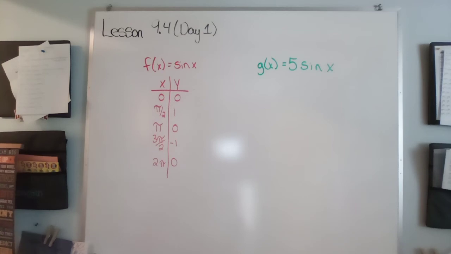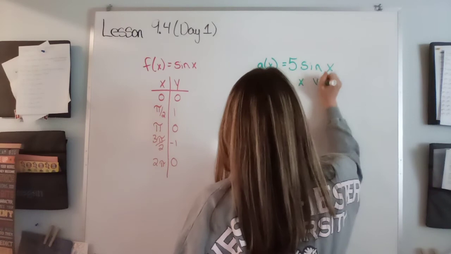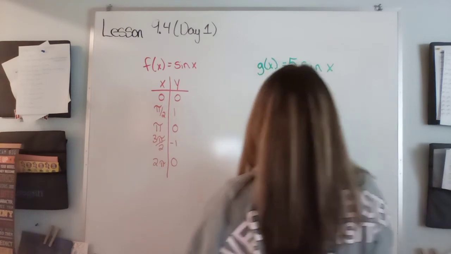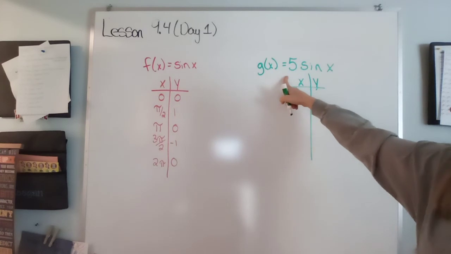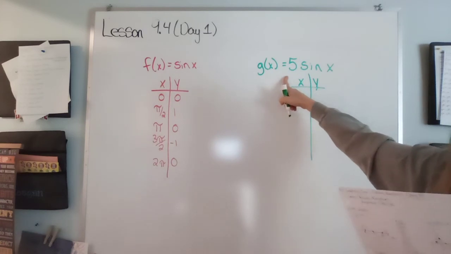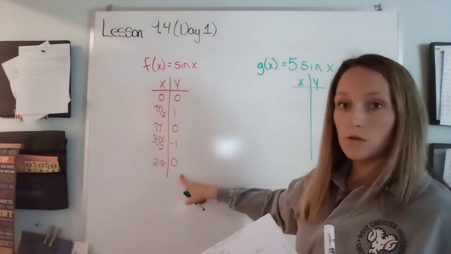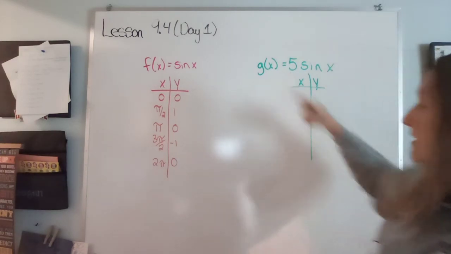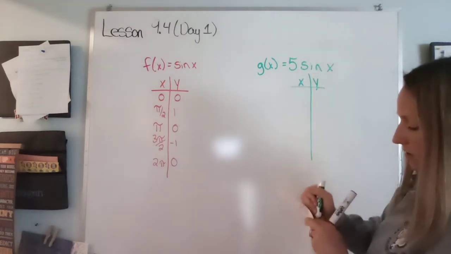But let's figure out what's happening to the new function. Since that 5 is the A value, it's stretching the graph vertically. So if it's stretching the graph vertically, that means all of the y values are going to be multiplied by that factor of 5.